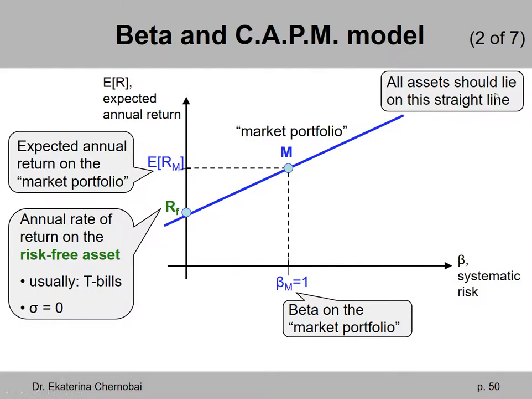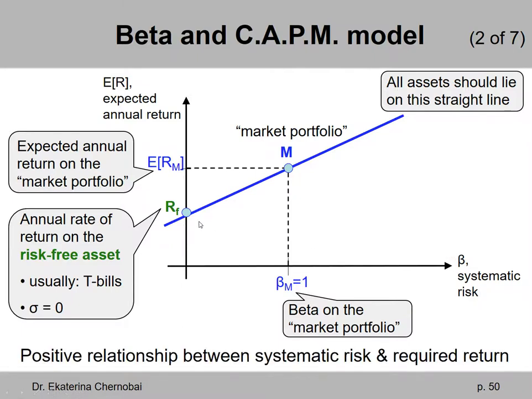So this is where all other stocks should be. This is the correct relationship between how much systematic risk that particular asset has and what the required annual return should be that correctly reflects that amount of systematic risk.